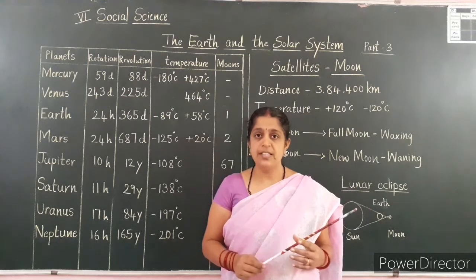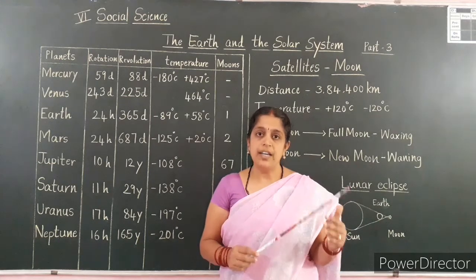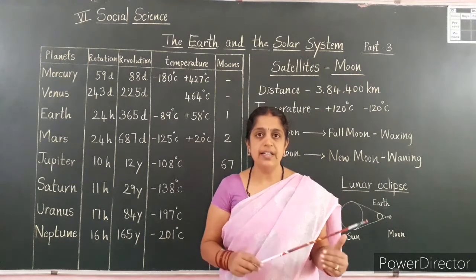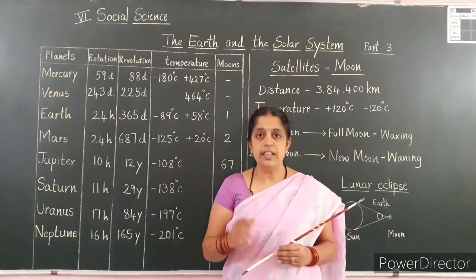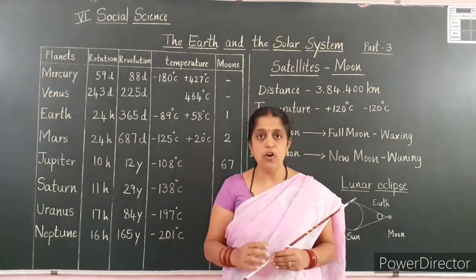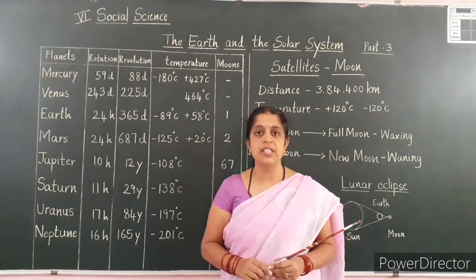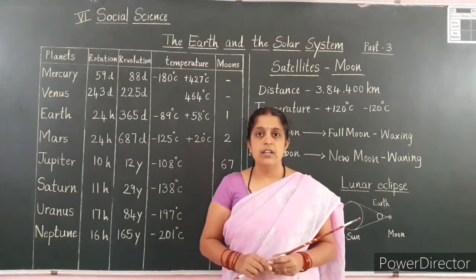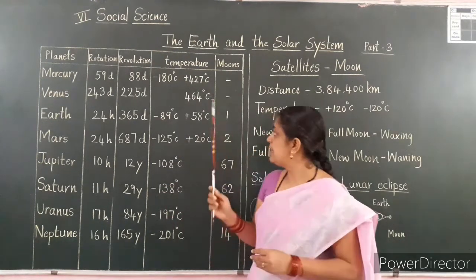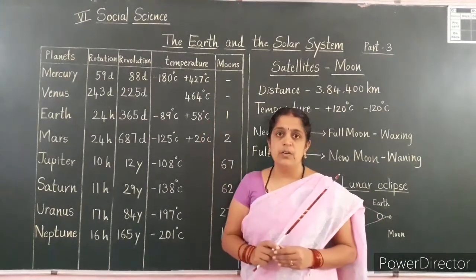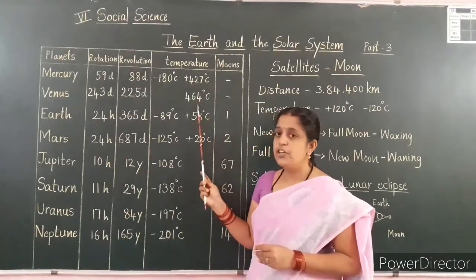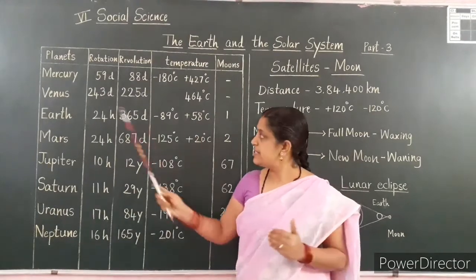The next one is because of the higher percentage of carbon dioxide present in the atmosphere, it traps the heat and will not allow the heat to escape into space. So that leads to the increase in the temperature. The extreme temperature is due to its slow rotation.